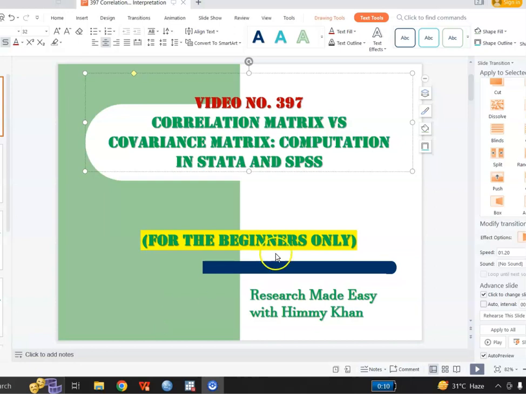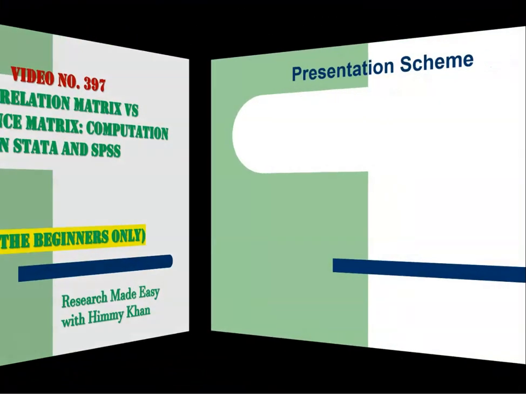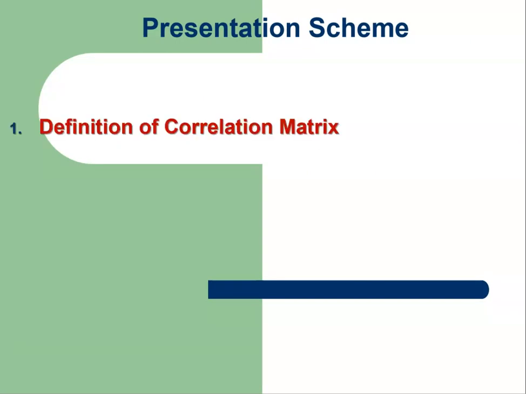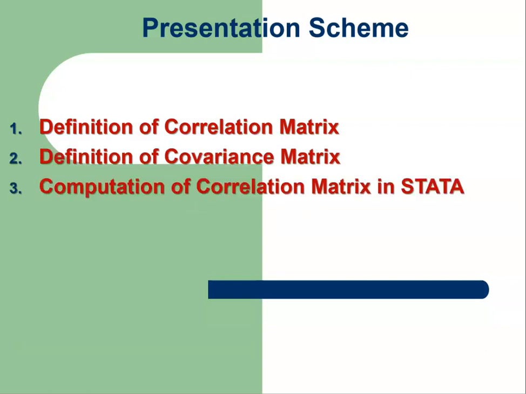In this video, I will explain correlation matrix and covariance matrix, its computation in STATA and SPSS, and their explanation. Here is the presentation scheme of this video lecture. I'll define correlation matrix, and after that I'll define covariance matrix.